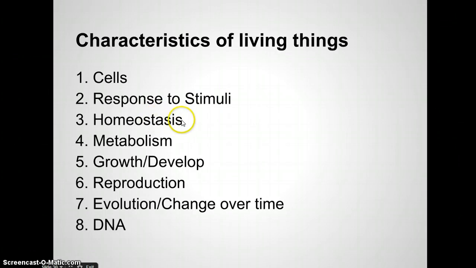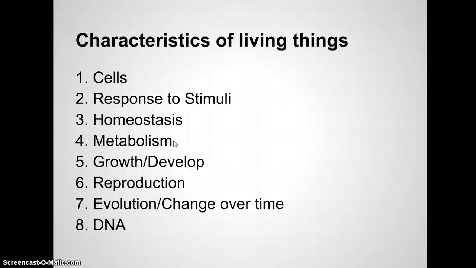Maintaining homeostasis, number 3. All living things, in their response to stimuli, attempt to maintain an internal balance or homeostasis. One of the ways that they do that is metabolism, or taking in and breaking down materials. Metabolism does not mean that a living thing has to eat the way that humans eat.